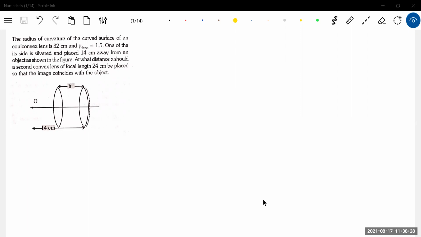So we have a lens. One of its sides is silvered and placed 14 cm away from an object as shown in the figure.